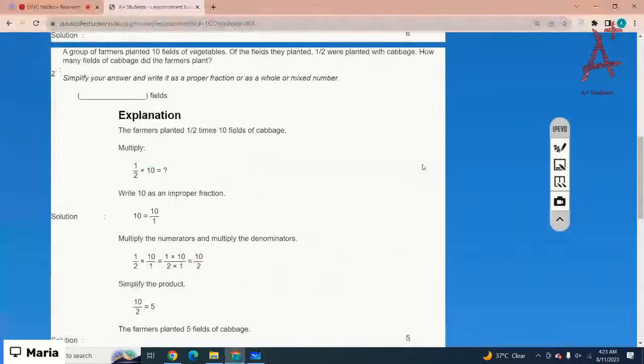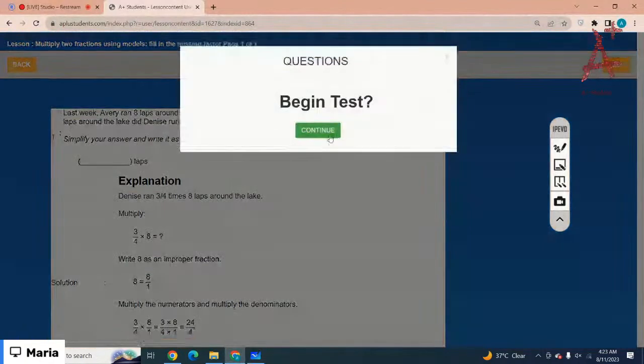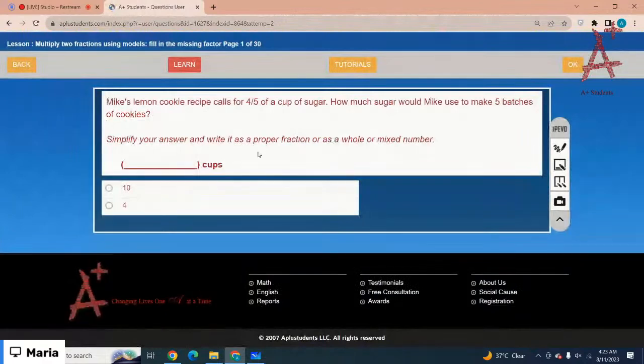Okay, let's just start with the practice questions. Mike's lemon cookie recipe calls for 4/5 of a cup of sugar. How much sugar would Mike use to make 5 batches of cookies? So for one batch, he has to use 4/5. So for 5 batches, how much sugar does he have to use?